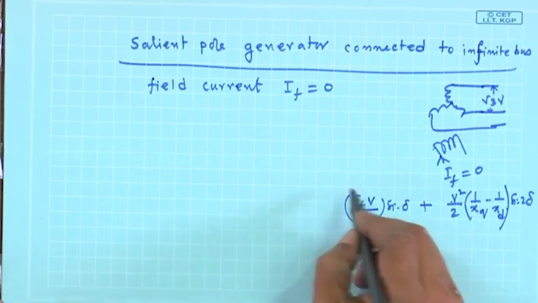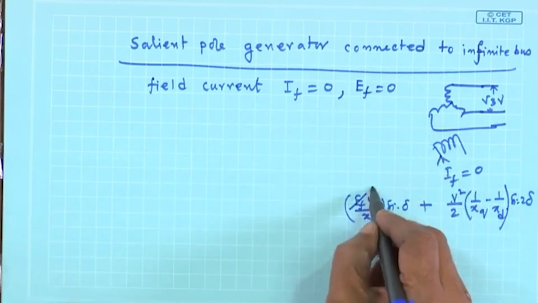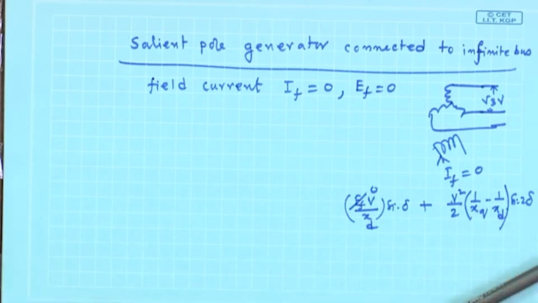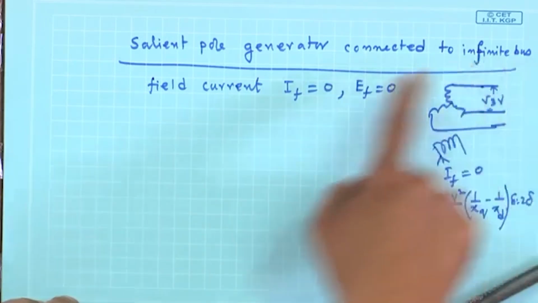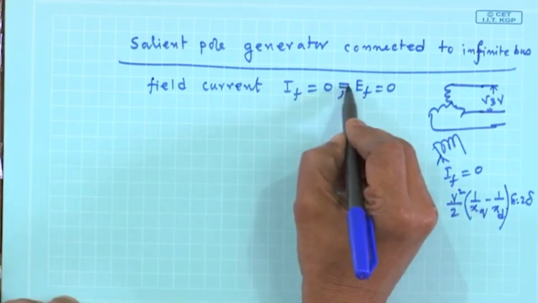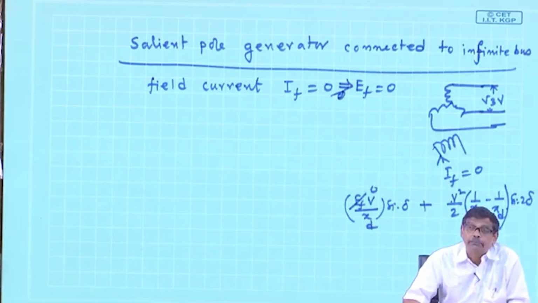But since IF is 0, EF is 0, so this term is 0 in this case. However, this term will be there. Therefore, a salient pole synchronous machine is capable of delivering or absorbing power depending upon whether it is operating in generator or motor mode. So a generator connected to an infinite bus with field current 0, which implies EF is 0, can still deliver some power to the bus. That is the important thing.